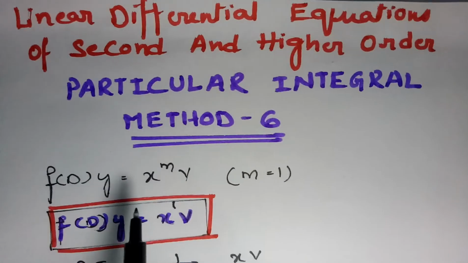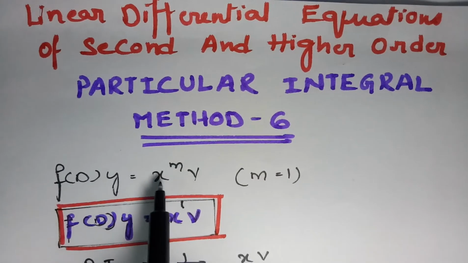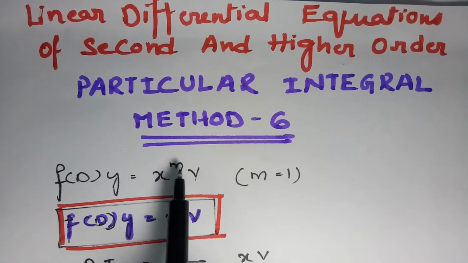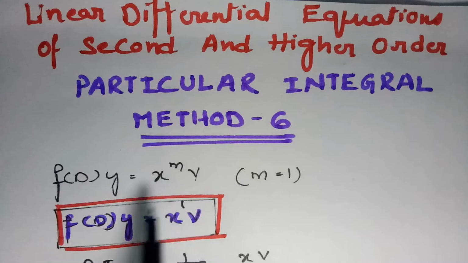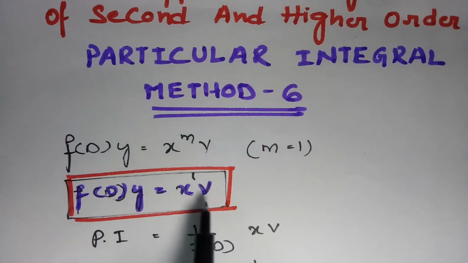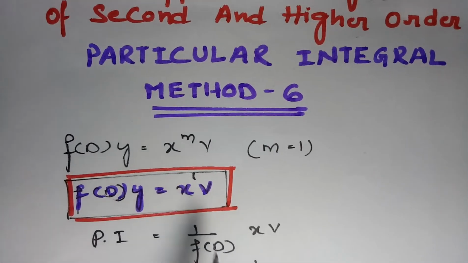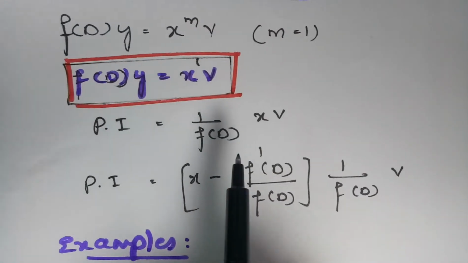In this, the question is of the form f of D of y is equal to x^m into v. If m is equal to 1, this is how the question will be: f of D of y is equal to x^1 into v. For this, there is a formula to find the particular integral.